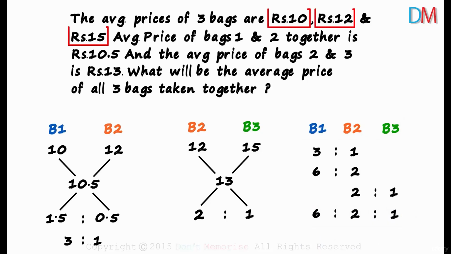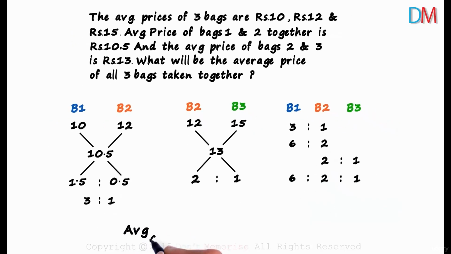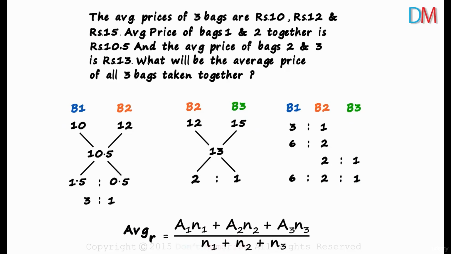We already have the individual prices, and this ratio of weights will give us the overall average price. Let's call it the resultant average. We apply the weighted average formula A1N1 plus A2N2 plus A3N3 divided by N1 plus N2 plus N3. We have A1, A2, A3 and N1, N2 and N3.